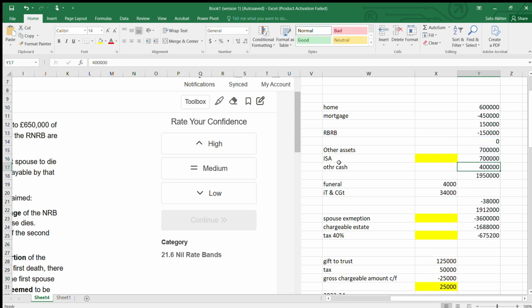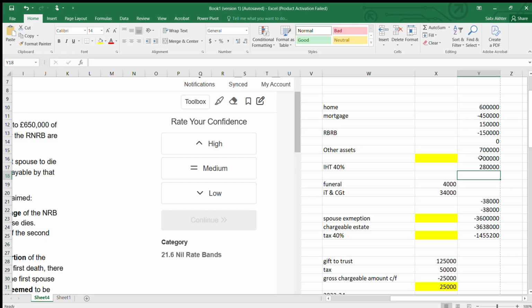So on the 700,000, we'll be paying IHT at 40%. So IHT is 280,000.